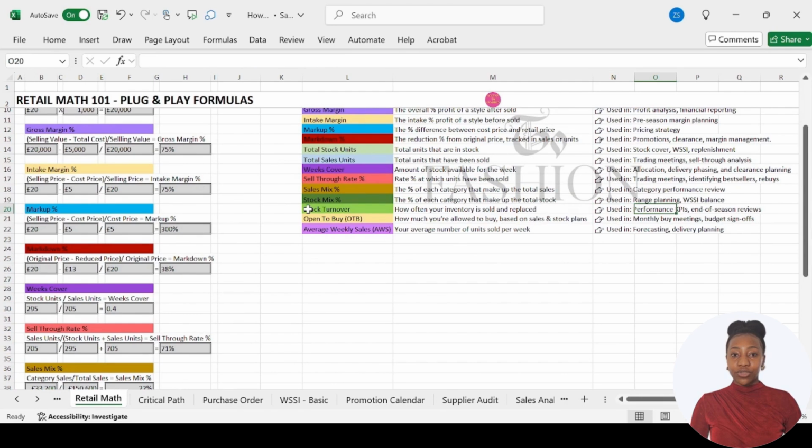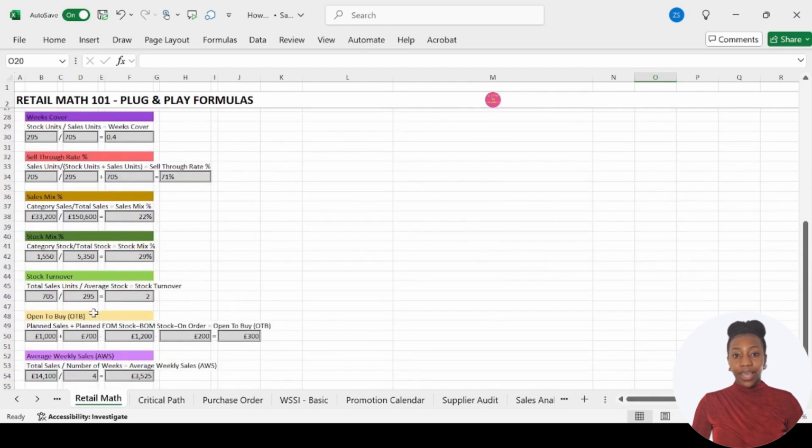Now we're getting out of that in season performance and trading, and we're now looking back at your stock turnover. And what that is, is your total sales units divided by your average stock, and that gives you your stock turnover, which in this case is 2, because we're looking at it over the course of the whole season.